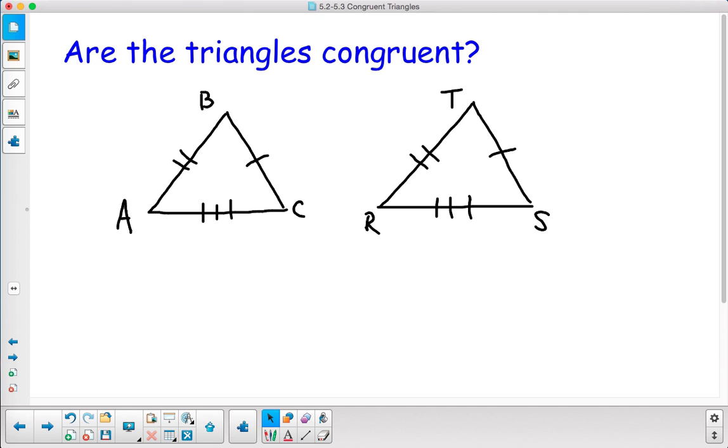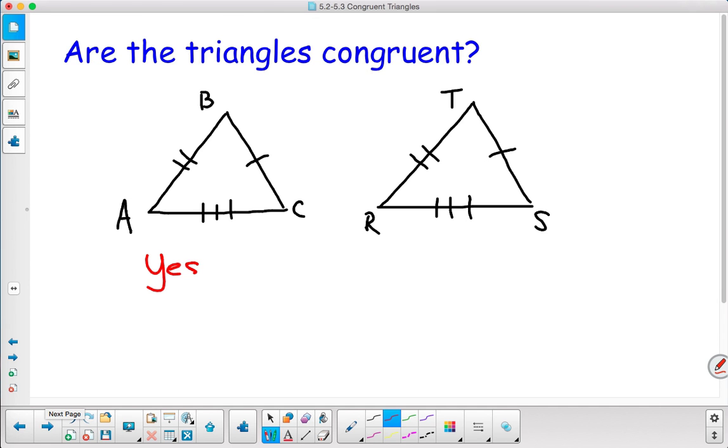So we're going to be looking at a few diagrams, and I want you to figure out if the triangles are congruent. So in this one, again, pause if I'm going too fast. Are the triangles congruent? In this one, yes. Why are they congruent? It's by side-side-side congruence postulate.